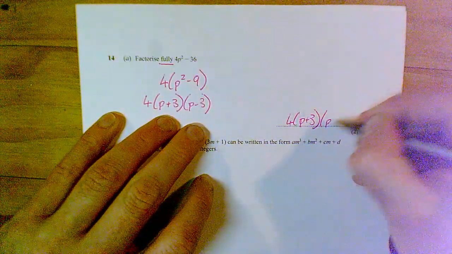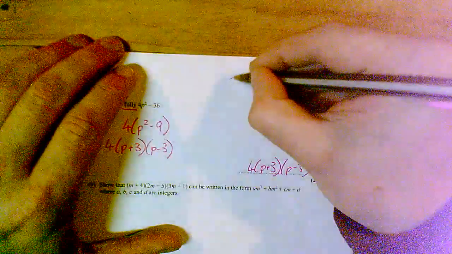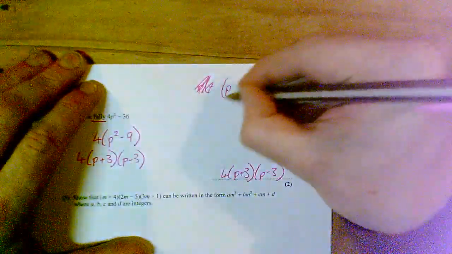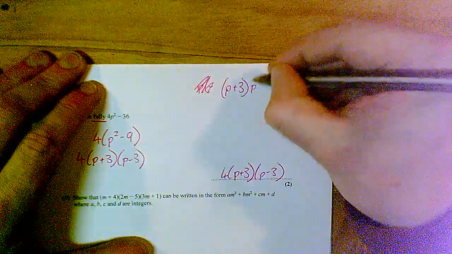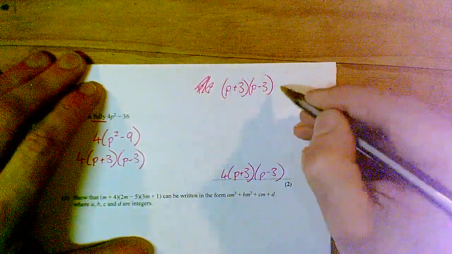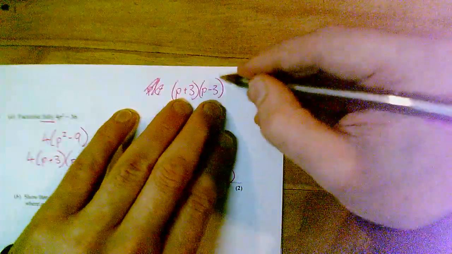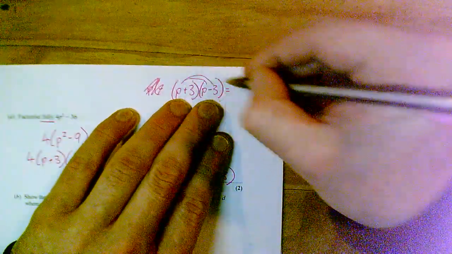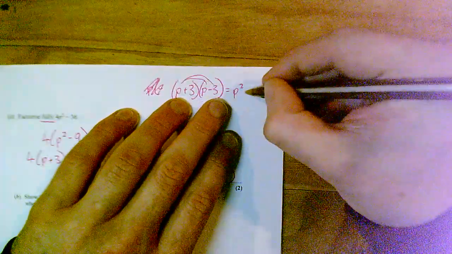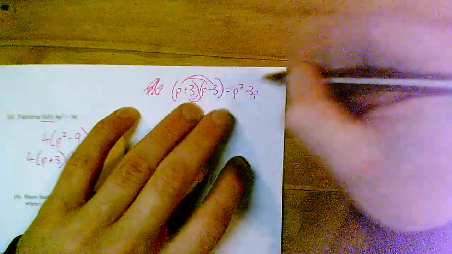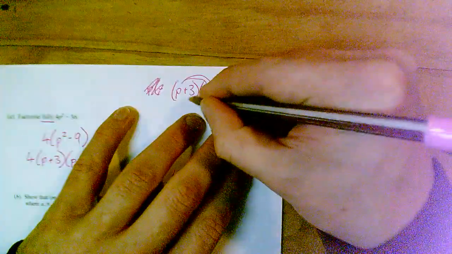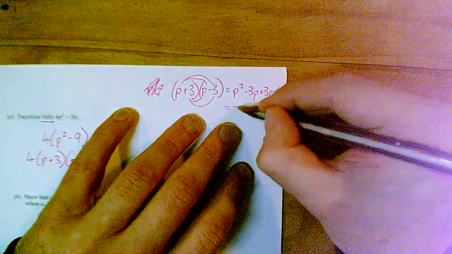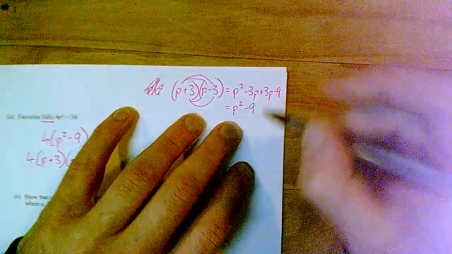And just explaining why that is, when you have a plus 3 and a minus 3 like this, when we expand this, the number of p's is going to be 0, because p times p is p squared, p times negative 3 is minus 3p, 3 times p is 3p, 3 times negative 3 is minus 9. That minus 3p and the plus 3p disappear, and I just get p squared minus 9.